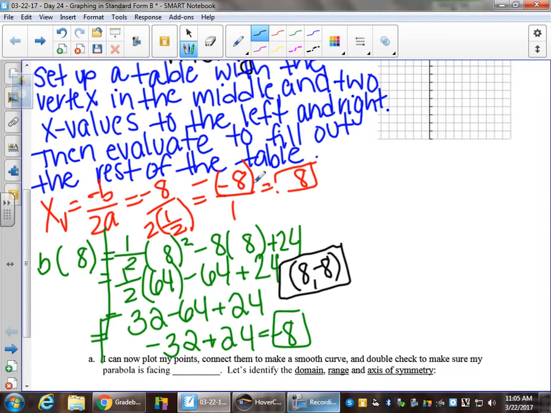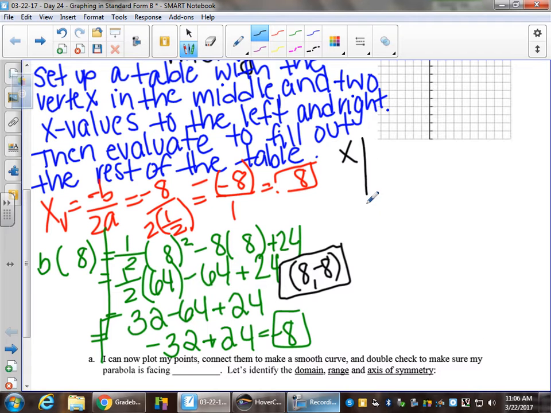We do -b over 2a, and that's how we get 8. Does that make sense? This is our general formula for calculating the x value of the vertex. After we calculate that out, we plug that in for x, and we get -8, and that gives us our final vertex.